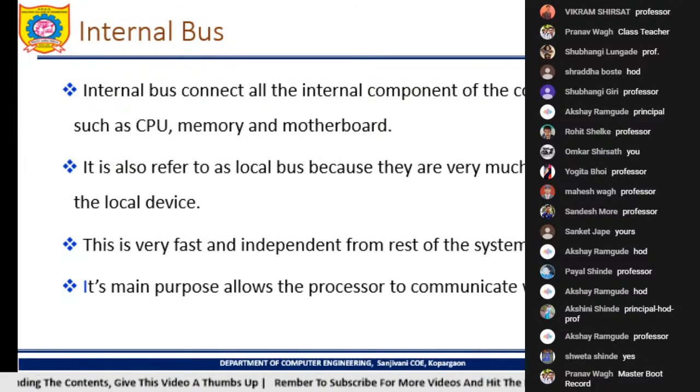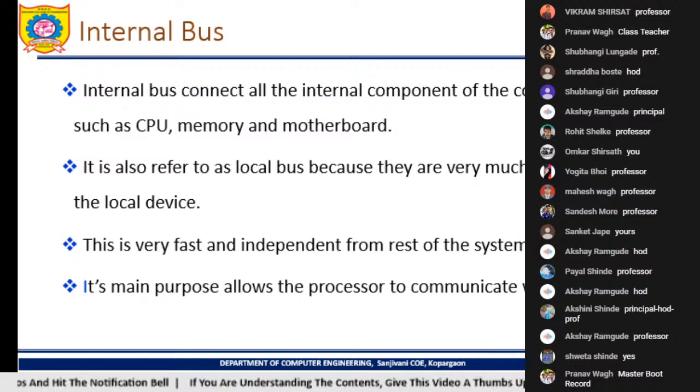The internal bus connects the CPU and memory through the motherboard, or the communication done through the motherboard is your internal bus. It is also referred to as a local bus, very much involved with local devices. These internal buses are really fast, because transferring data from a register to a processor is fast compared to data coming from a hard disk or input output board to the processor.